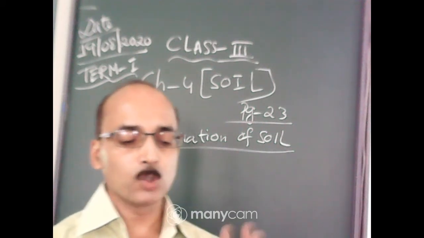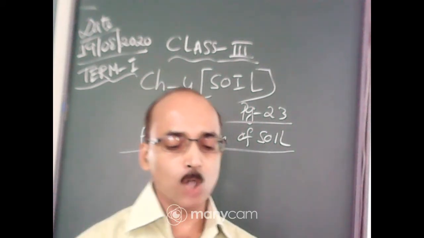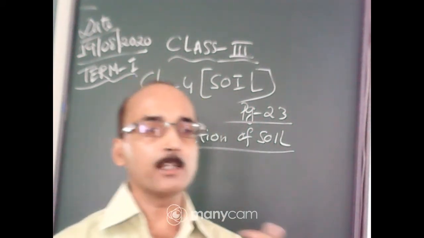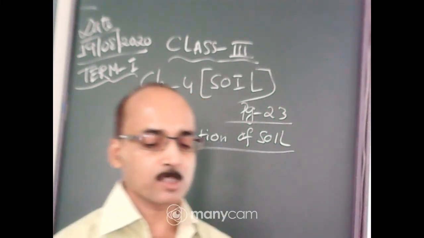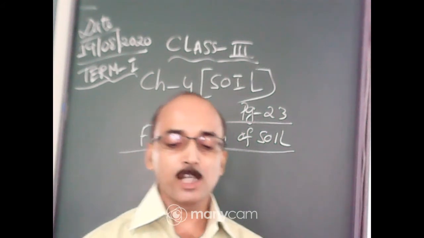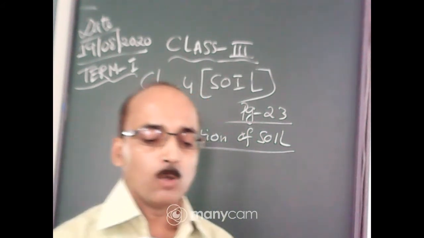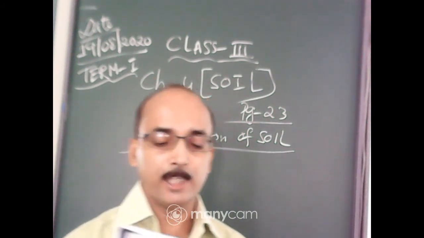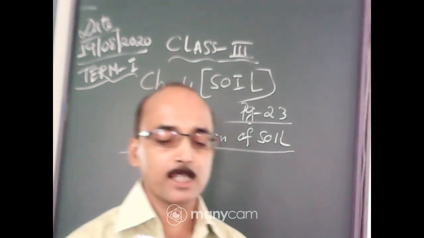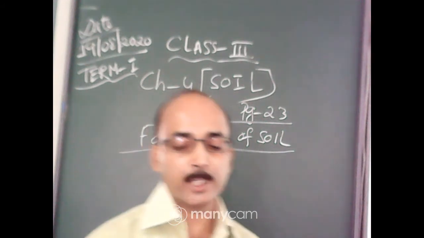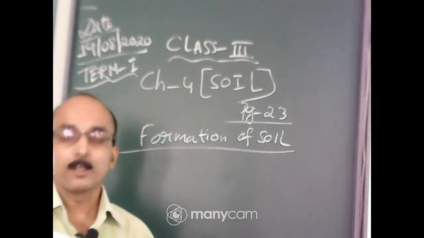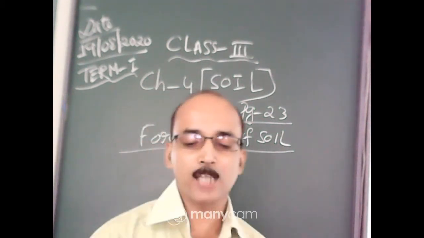The sun heats up the rocks, we know that the sun gives us heat and light. Then picture number 2, what is it telling? Rocks start breaking into smaller pieces due to rain, wind and heat of the sun.